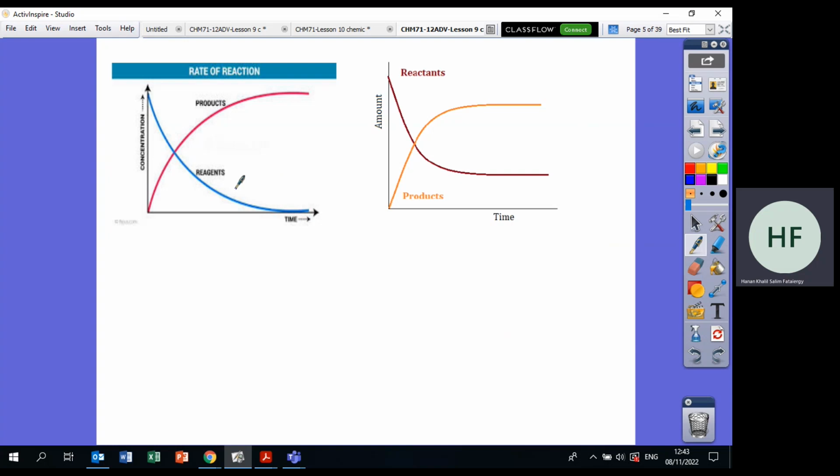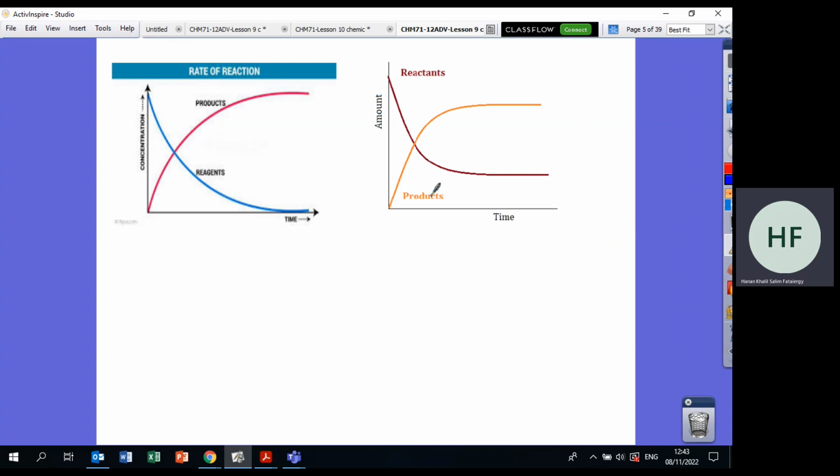So now I want you to tell me what's the difference between this graph and this graph. In this graph, the reactants start from a number till they become zero, and the products start from zero and they increase. So how can I write this reaction? Reactants, one arrow, products, because the reactants are becoming zero and the products are increasing. What about here?